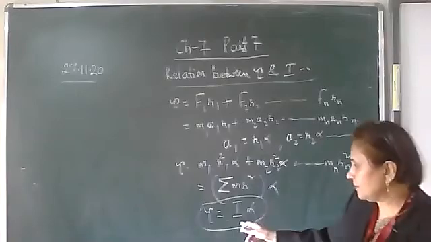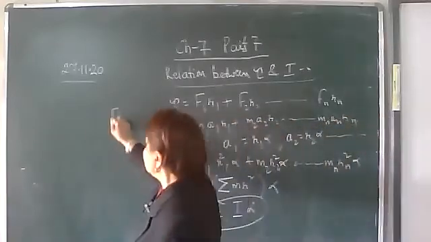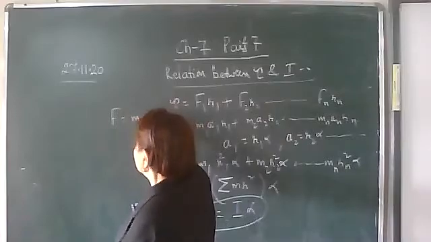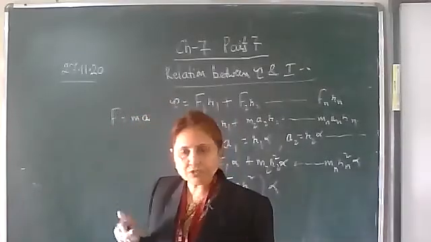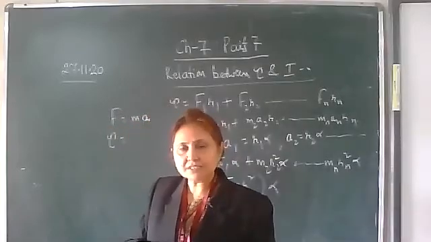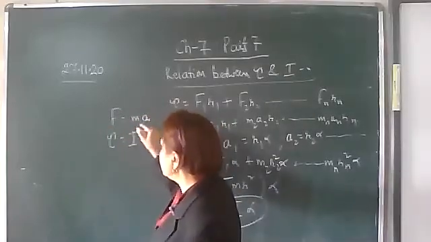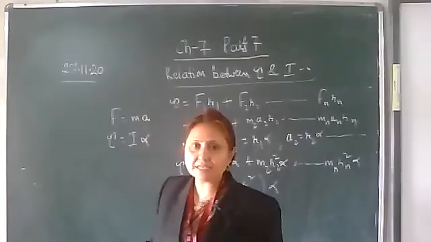In linear motion, the relation is force is equal to mass into acceleration. In rotational motion, the analog of force is tau, the analog of mass is moment of inertia, and in place of linear acceleration we write angular acceleration.